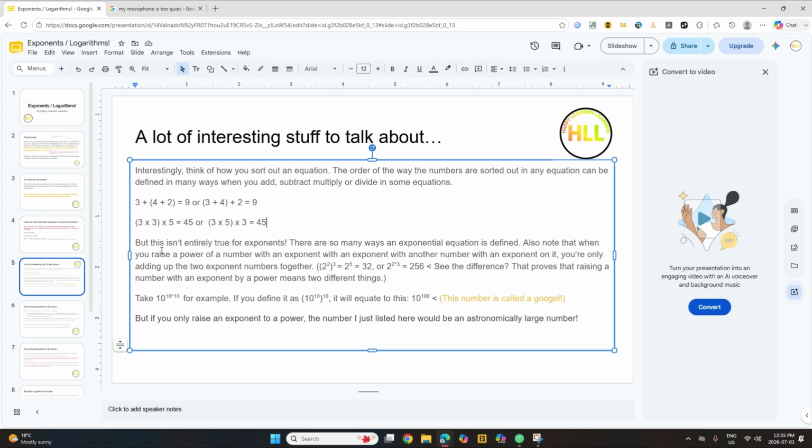The output is dictated by however you define the equation, whether it's 2 to the power of 2 to the power of 3 or whatever. The output is dictated by how you define the question, whether it's 2 to the power of 3 as in multiplying it, or 2 to the power of 2 to the power of 3.